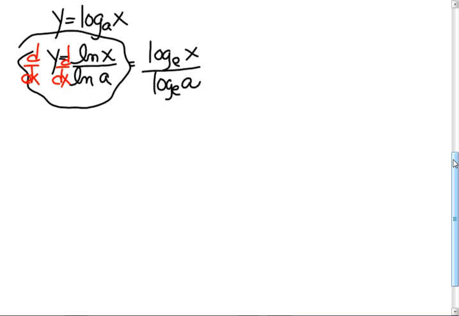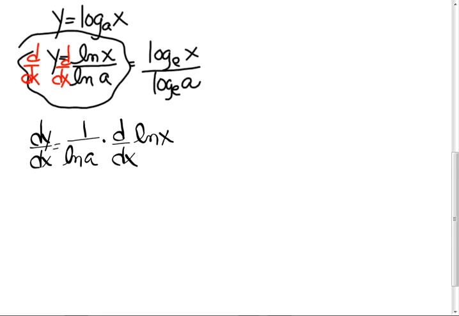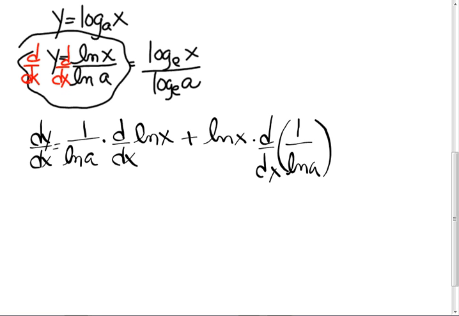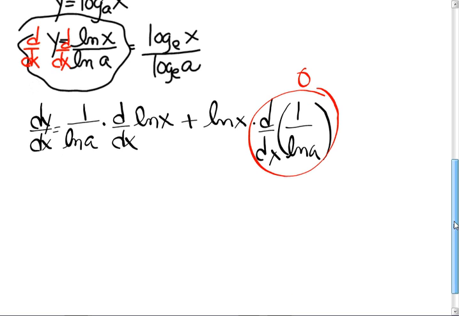Why don't I make dy dx on the left side 1 over the natural log of a times the derivative with respect to x of the log of x. And if you want me to go further, I can say then it's plus the log of x times the derivative with respect to x of 1 over the natural log of a. But what is that derivative? It's 0.